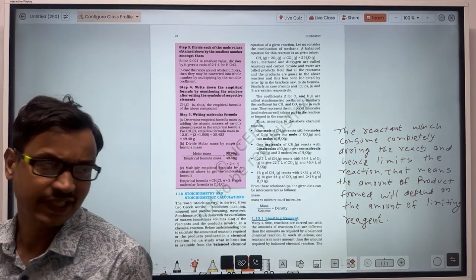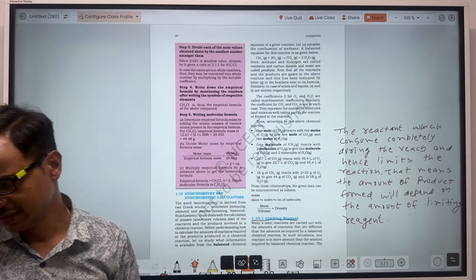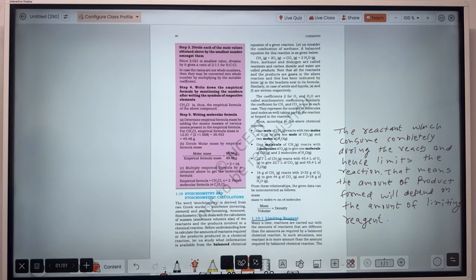How much product will form depends on the amount of limiting reagent. And you will get more clarity about the limiting reagent when you solve the numerical question.